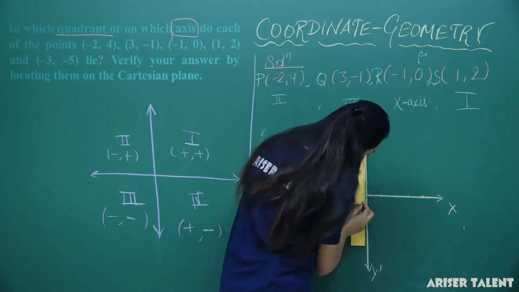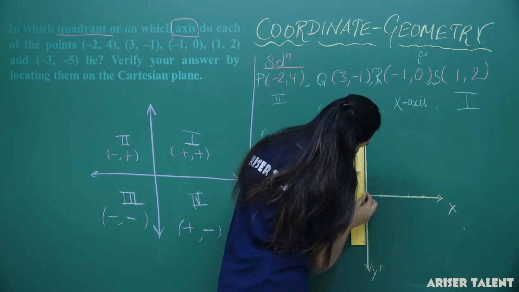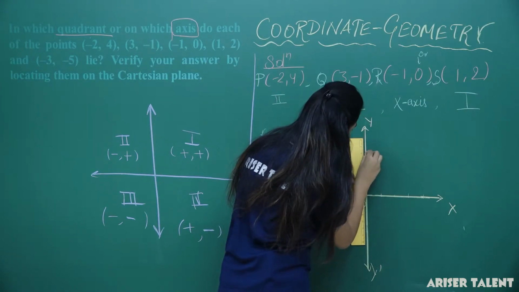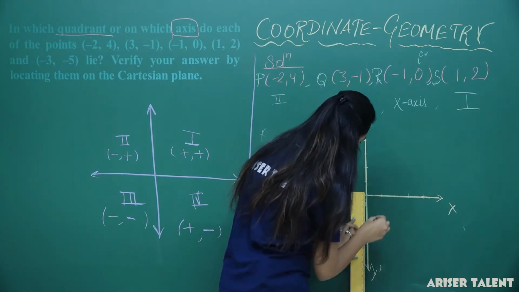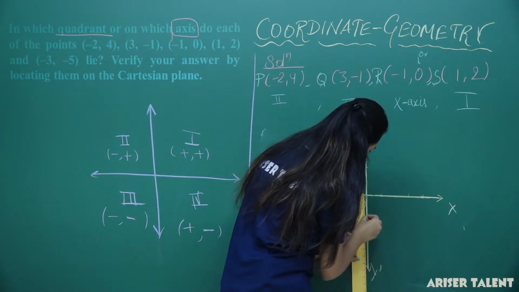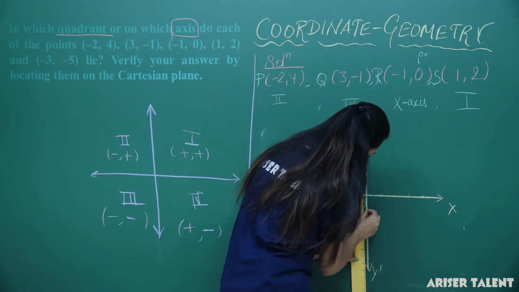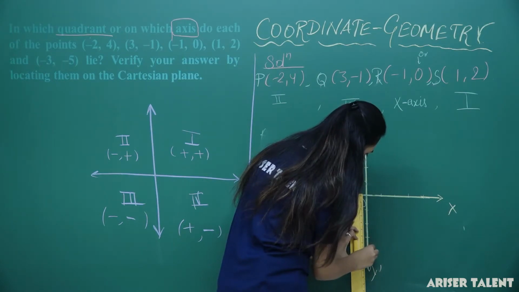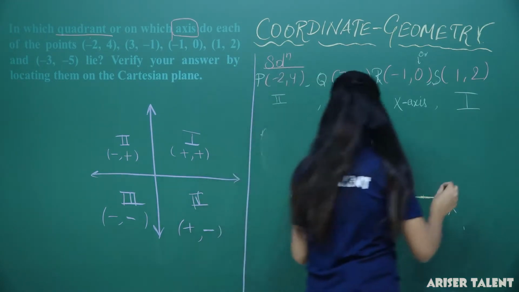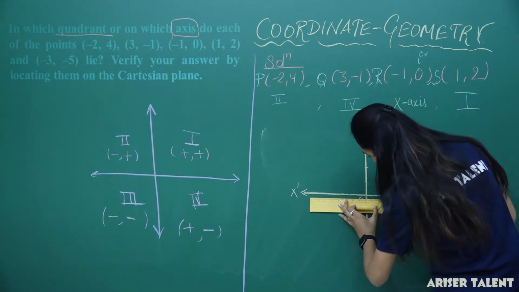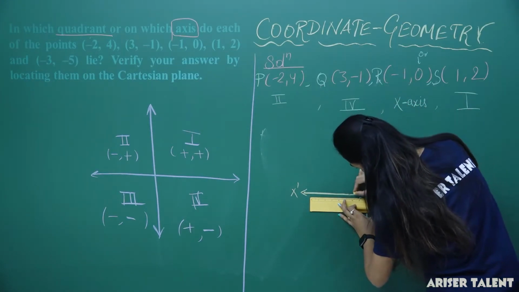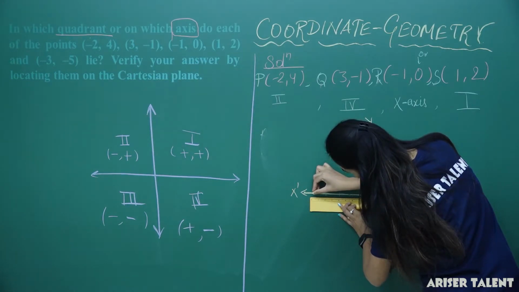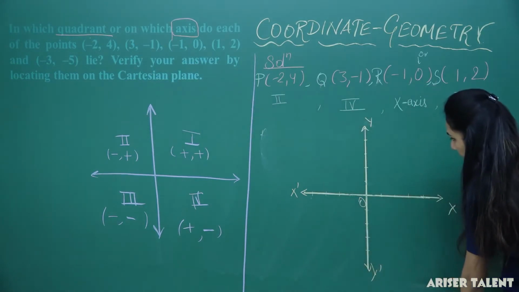Similarly, I will have 1, 2, 3 and 4, and 1, 2, 3, 4 here and here also, 1, 2, 3, 4, right?